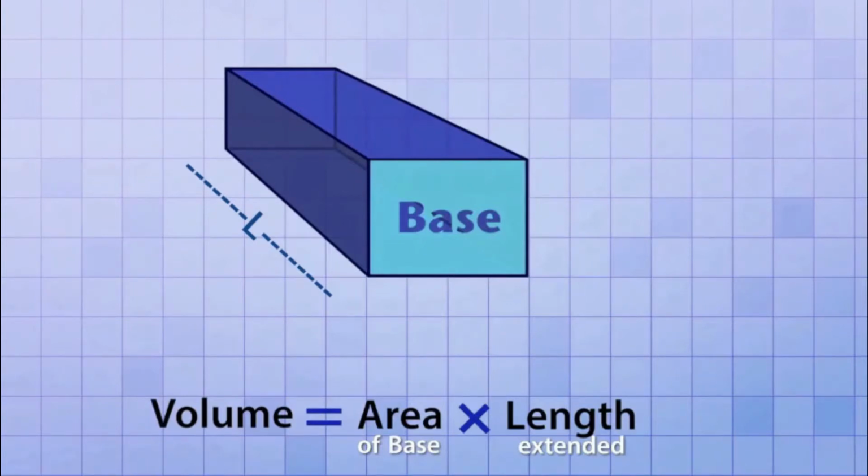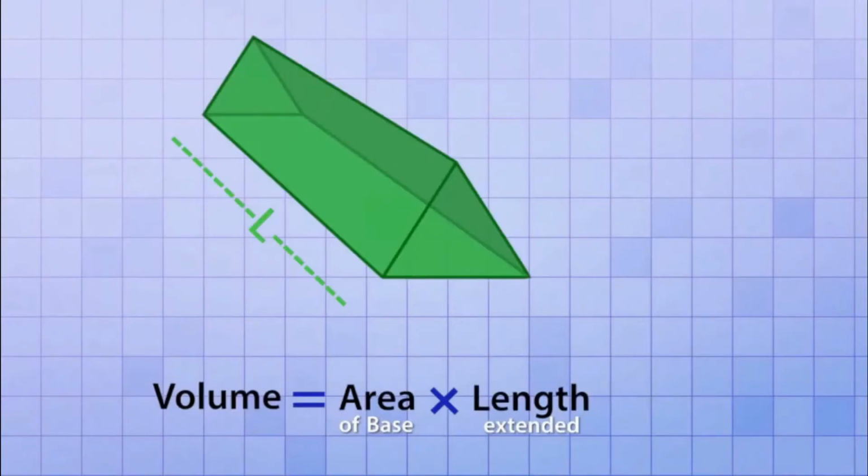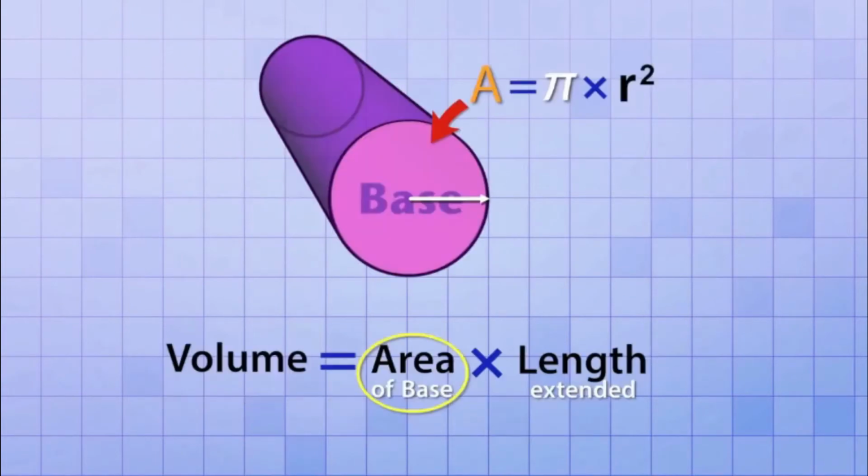The same way we get the volume of the triangular prism equal to the area of the base triangle multiplied by its length. In case of cylinder too, we use the same principle as cuboid and prism.